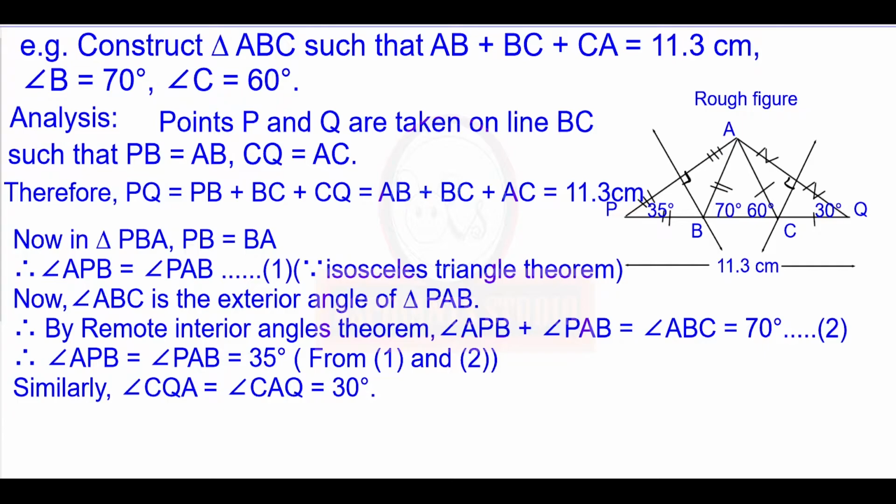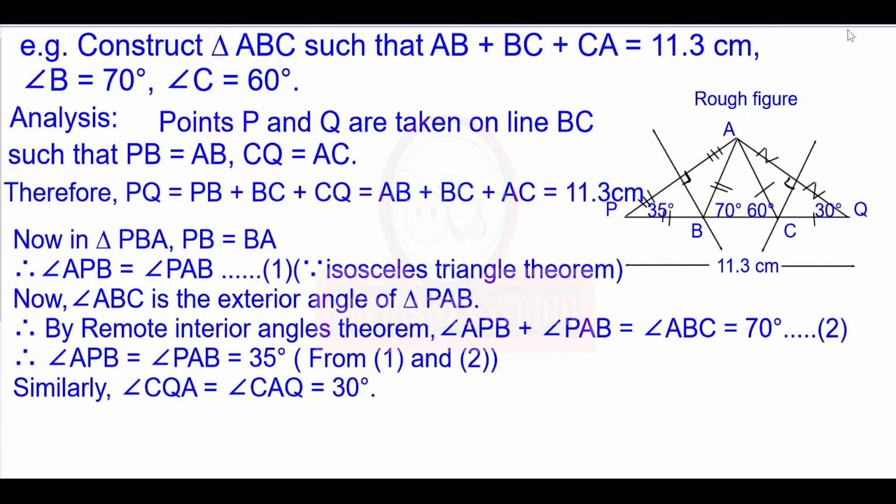So, measure of angle APB plus measure of angle PAB is equal to measure of angle ABC, but angle B is given to be 70 degrees.